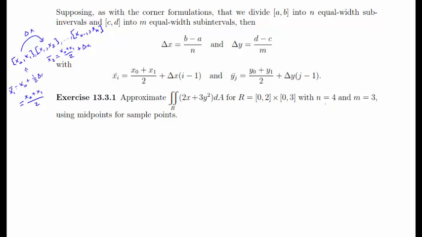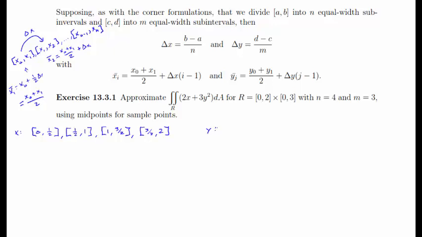So if n equals 4, our subintervals in the x direction are going to be 0 to 1/2, 1/2 to 1, 1 to 3/2, and 3/2 to 2, so that we have 4 subintervals.